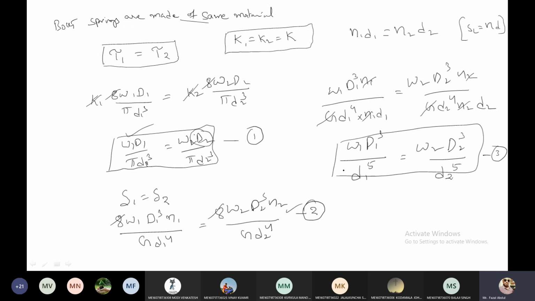Now divide the third equation by the first equation.